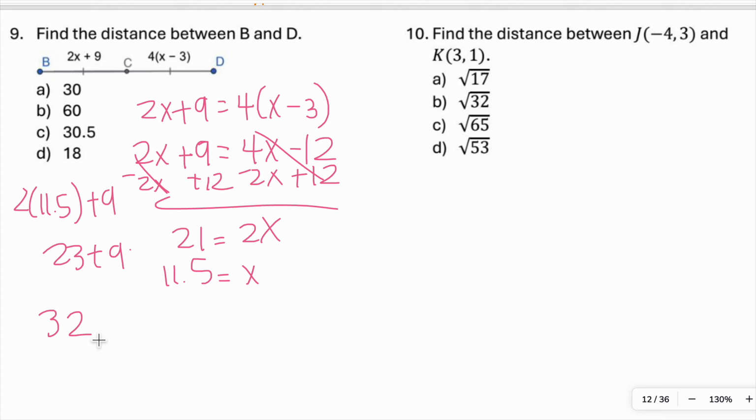So the distance would be 32 and 32, and I'm getting a different number here. Maybe I did something wrong with my adding and subtracting.